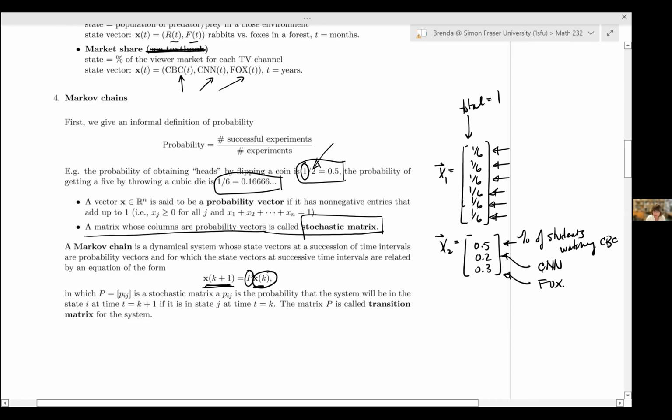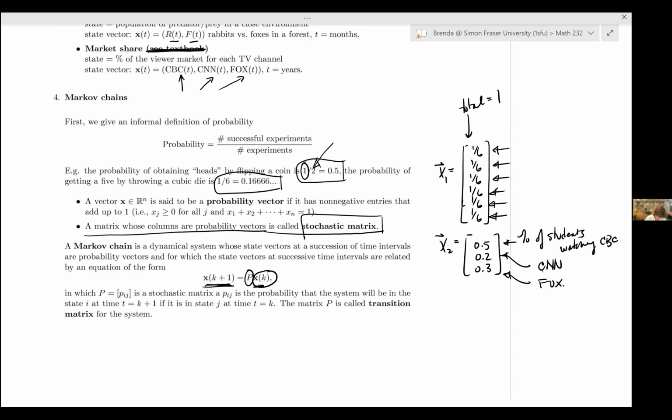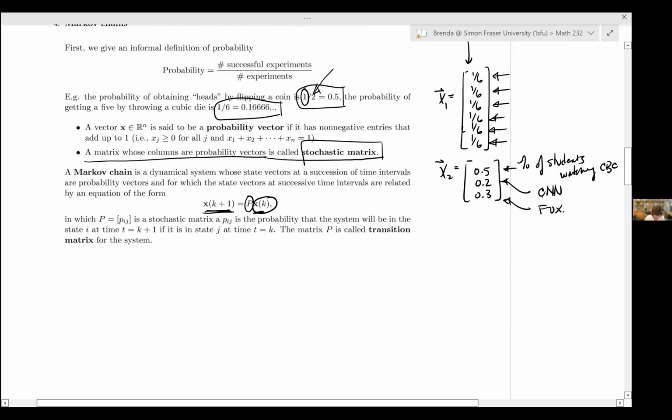It doesn't depend on k-5 or k-10 or some other state in the past. This matrix captures how the state vectors change.